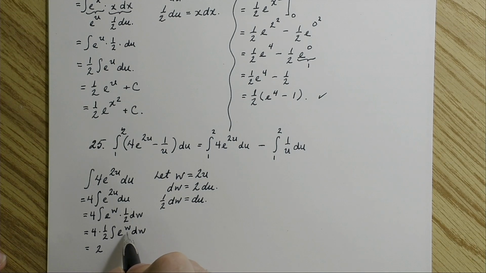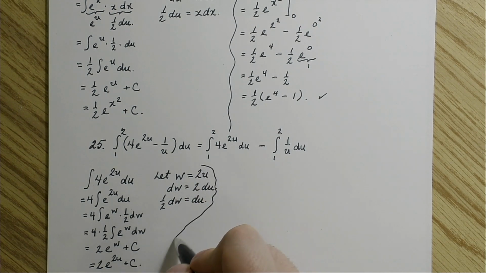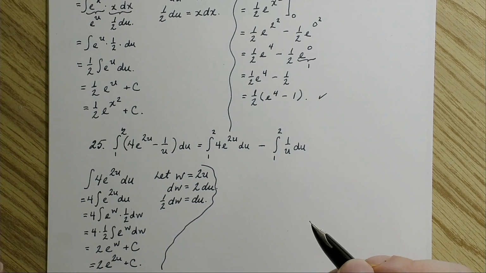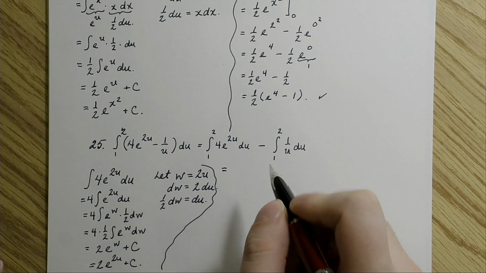And then the integral of e to the w is e to the w plus a constant. And I'm not finished yet because I have to substitute what w is in. So in this case, it was e to the 2u plus a constant. So now I can actually substitute this back in.